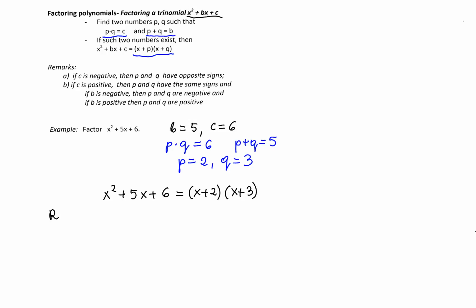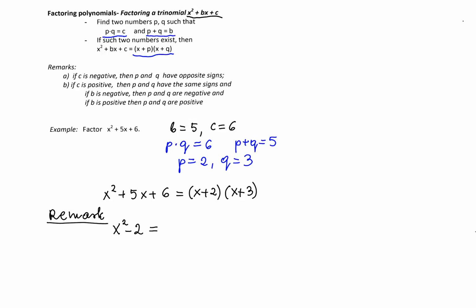Now, one remark that I would like to make here: it is not always easy to find the numbers p and q. For example, if I take the polynomial x squared minus 2, here b is equal to 0, here c is equal to -2, and I'm looking for two numbers that when multiplied give me -2 and when added give me 0.